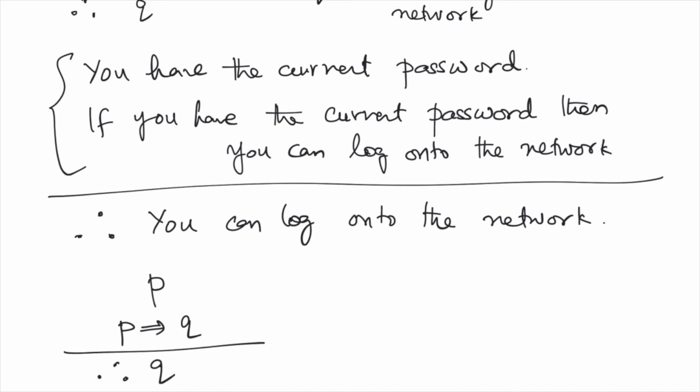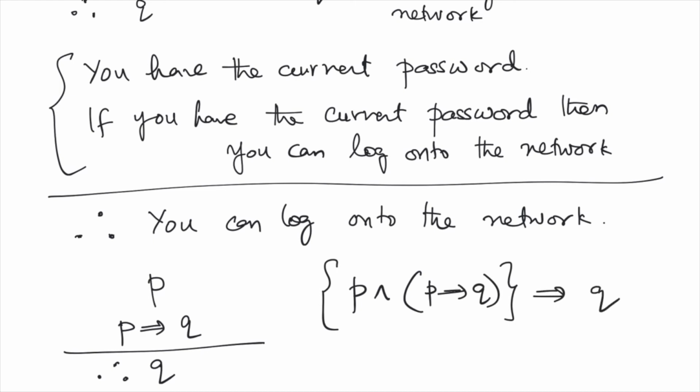So this can be written as a tautology: P and P implies Q implies Q. If the truth of P and the truth of P implies Q are given, then it leads to the truth of Q. This rule of inference is what we call modus ponens. This is always a tautology. So that is another approach.